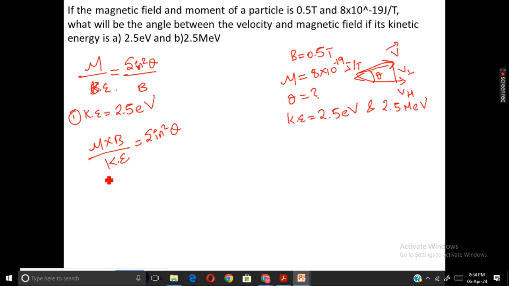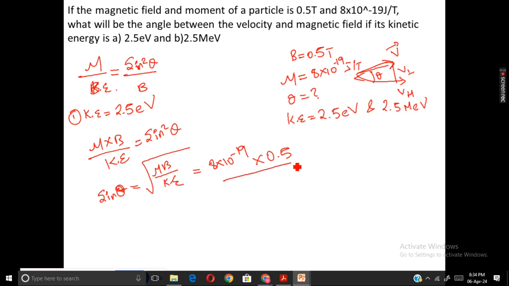So sine theta is equal to root of mu B by kinetic energy, which is 8 into 10 raised to minus 19 into 0.5 by 2.5 into 1.6 into 10 raised to minus 19, the root of the whole thing.